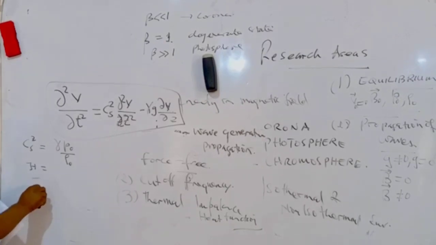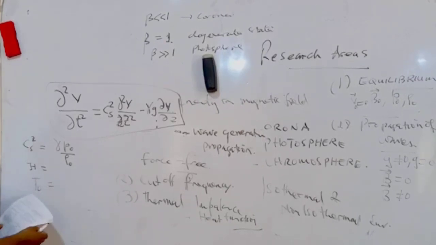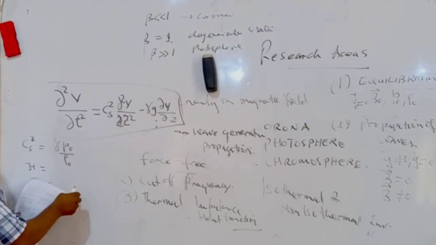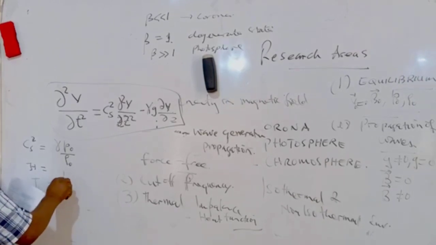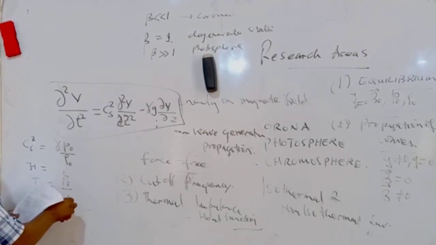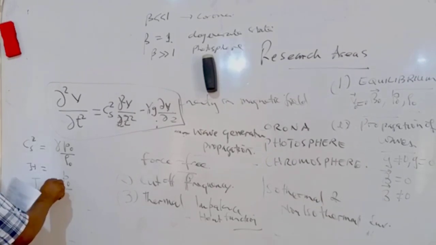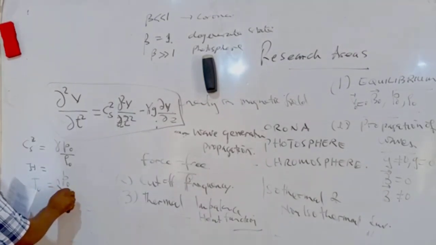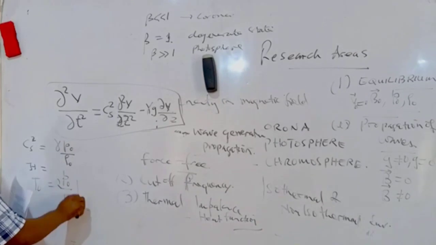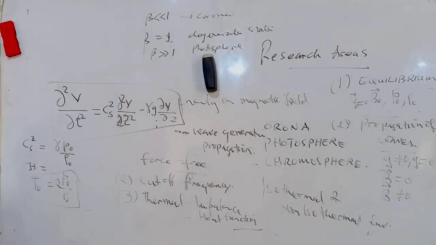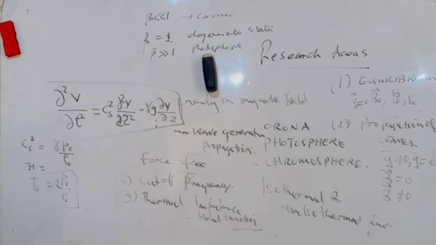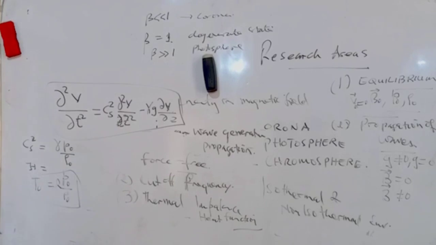T0 is equal to P0 all over R rho 0. That is the ideal gas law. Okay. Now, can't we remember this one? Have you forgotten?